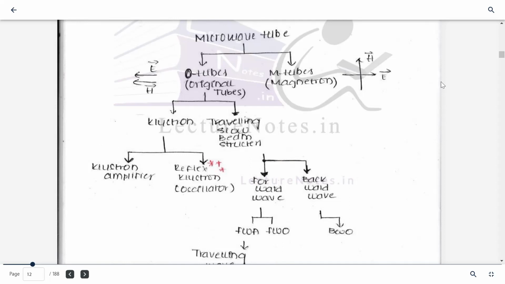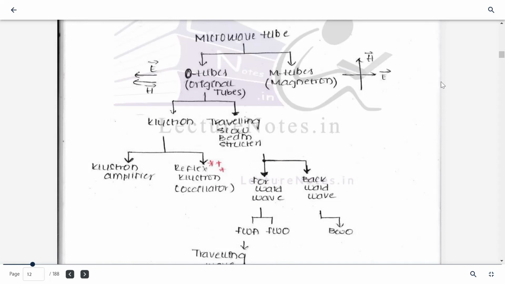An M-type magnetron is a tube in which the electron beam travels in a curved path. Whereas in O-type microwave tube, as we already discussed, a linear beam is followed.